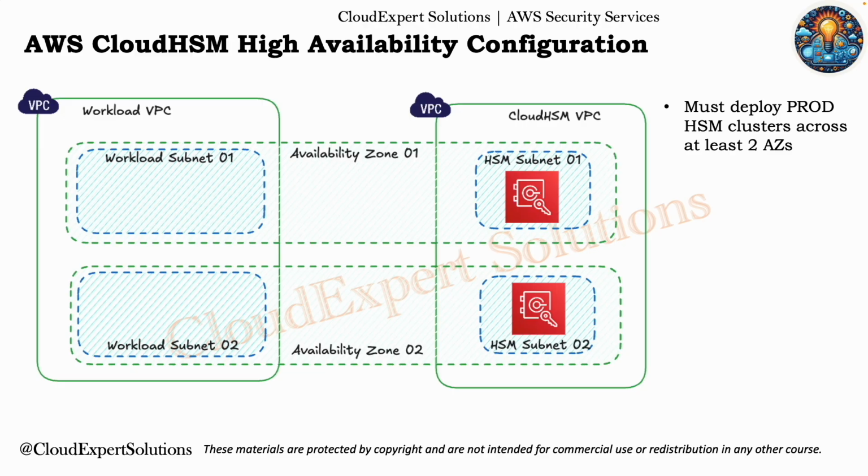When you create an AWS CloudHSM cluster, AWS will put an Elastic Network Interface, or ENI, in the specified subnet in your AWS account, and the Elastic Network Interface is the interface for interacting with the HSM. The CloudHSM resides in a separate VPC in an AWS account that is owned by AWS CloudHSM.